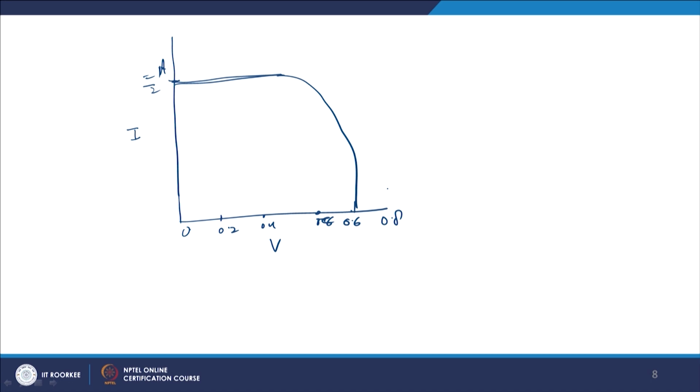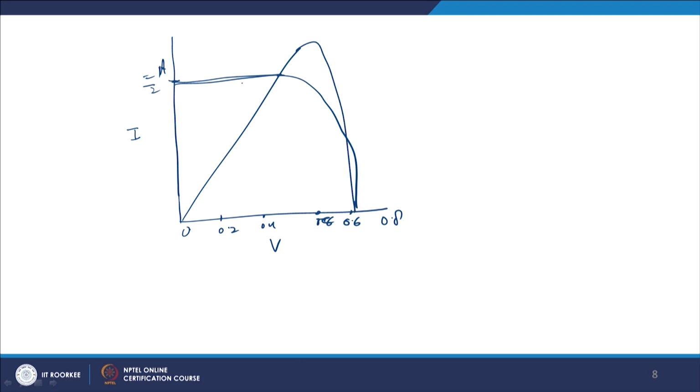This is for short circuit, when there is no load, right? But when you are drawing power, then up to a certain extent it will follow Ohm's law, and straightaway it will go up. And then again, after attaining a peak value, it will come down.